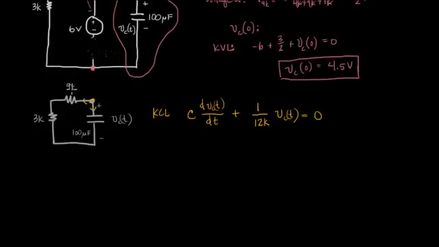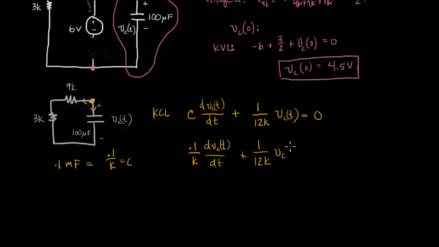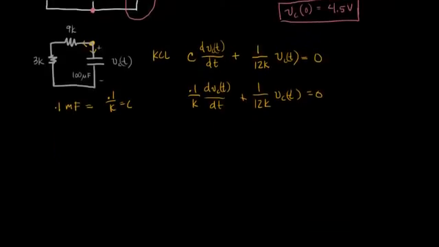These are in kiloohms, so I'm going to rewrite the microfarad in terms of kilofarads. 1 microfarad is equal to 0.1 millifarads, and 0.1 millifarads is the same as 0.1 over K. So I'm going to rewrite this in for C. I get 0.1 over K dVC(t)/dt plus 1 over 12K VC(t) equals 0.